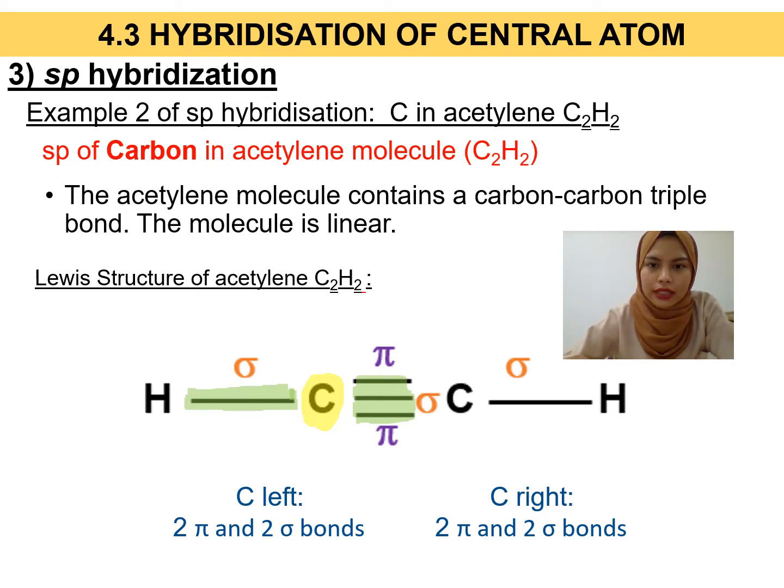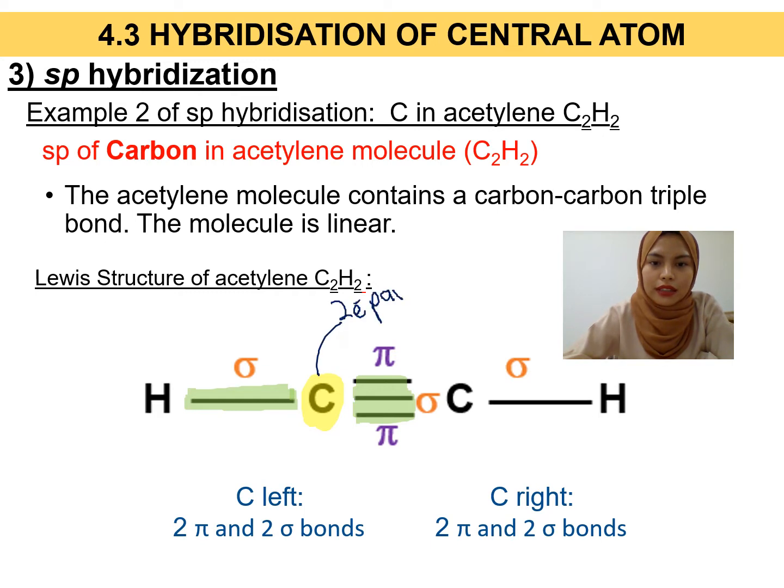Although CC ni adalah triple bond, tapi bila you nak kira the electron pair, you need to consider dia sebagai single bonding pair. Okay. So sekarang this carbon ada berapa electron pair at the central atom? Dia ada 2 electron pairs at the central atom.